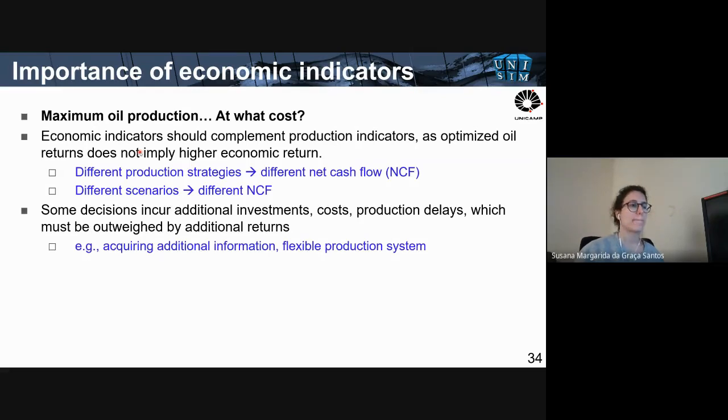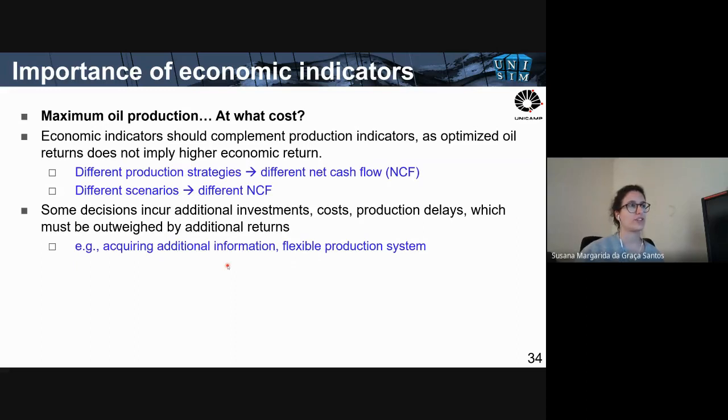That's why at UNICE we have been showing a lot the importance of incorporating the net present value or other economic indicators in the studies, because sometimes we're talking about the maximum oil production, but at what cost? If I drill 1,000 wells, I'll probably produce a lot, although maybe the reservoir will not respond so well if I did that.